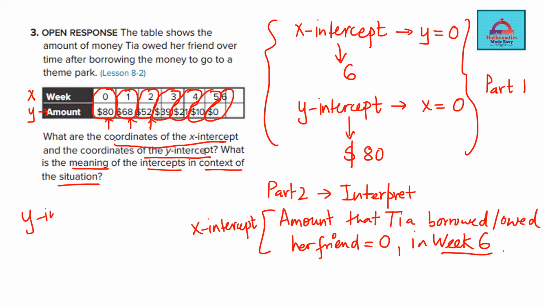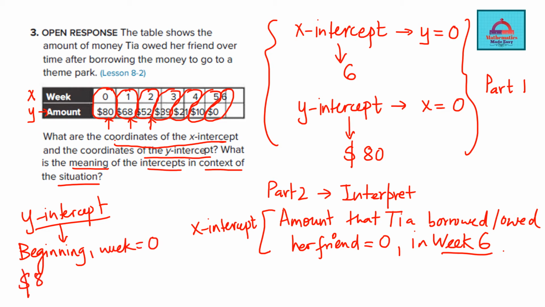Let's interpret the y-intercept. So y-intercept means x is 0. So in week 0, when she started borrowing initially, how much did she borrow? The y-intercept, which is $80. So in the beginning, when your week is 0, or Tia just started borrowing the money, she borrowed $80.